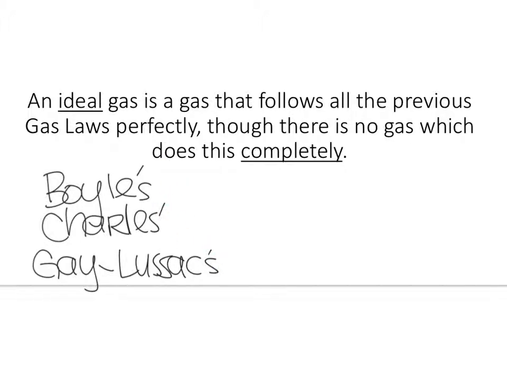So if we increase our volume, then the pressure is going to decrease. The temperature has to increase. It's all going to be true, just maybe not as exactly as those laws say. For example, if we double our temperature, we may not literally double our volume. That's basically what we're saying in an ideal gas: that every one of these is completely accurate all the time.